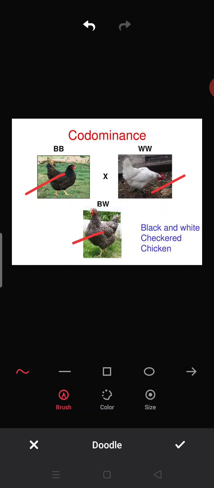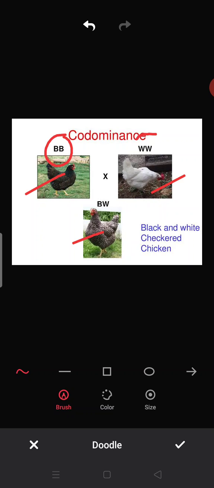Okay, so let's look at their alleles. For black, we have both capital B. Remember, class, that in codominance, there is no recessive gene. So both are capital letters.